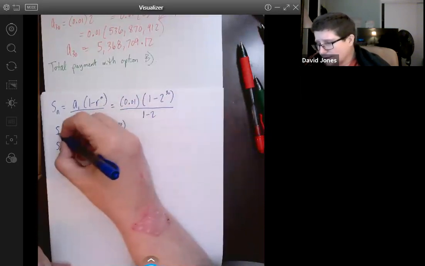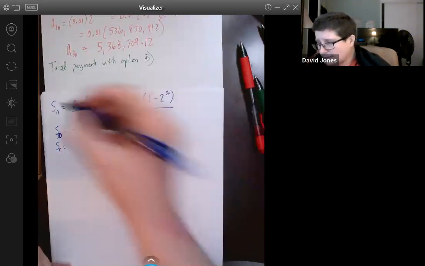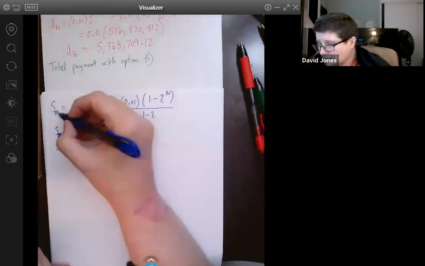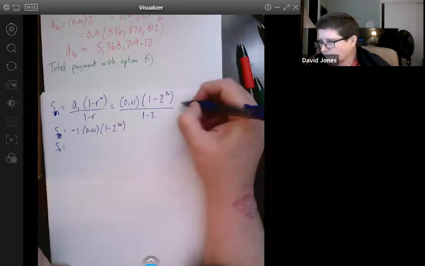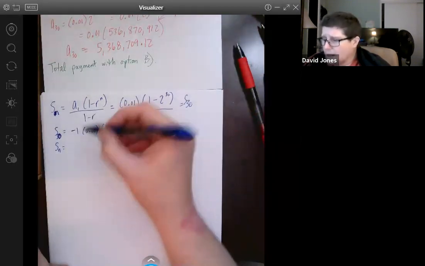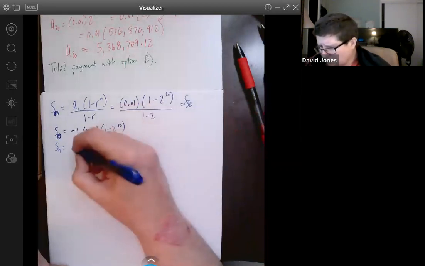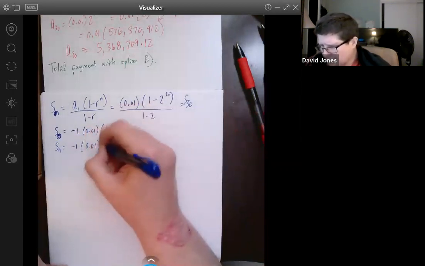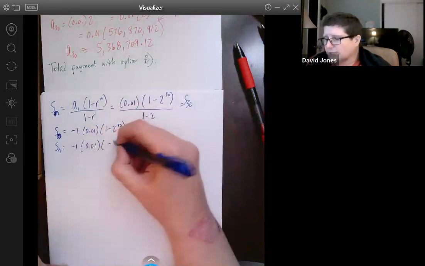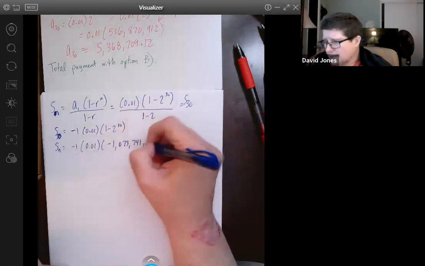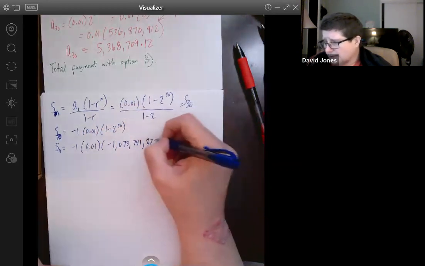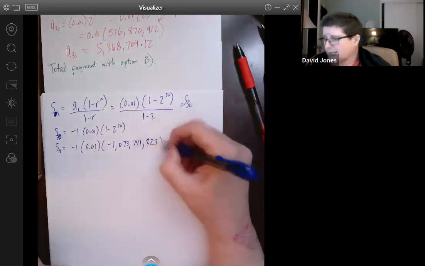This would be s sub 30 now, not s sub n. So I've got negative 1 times 0.01 times 0.073741823 in the billion range.